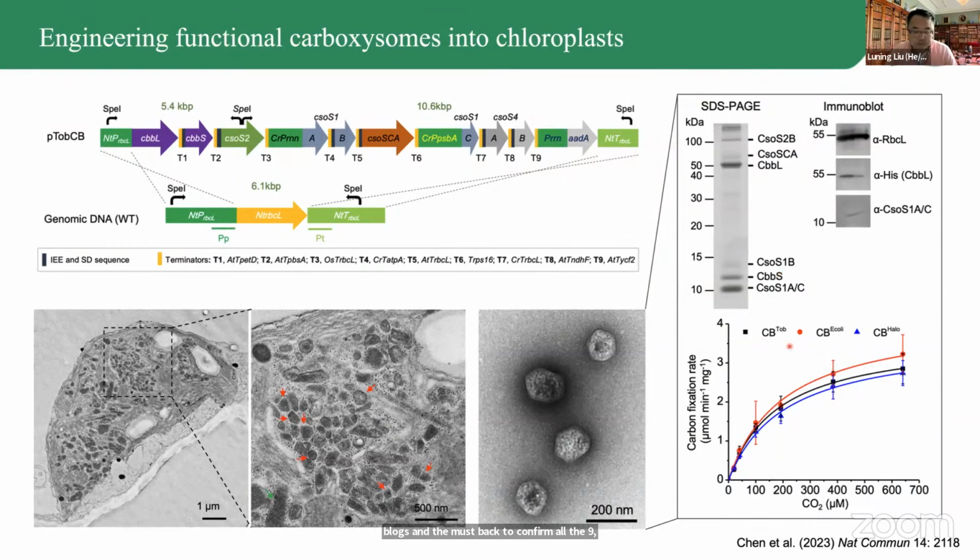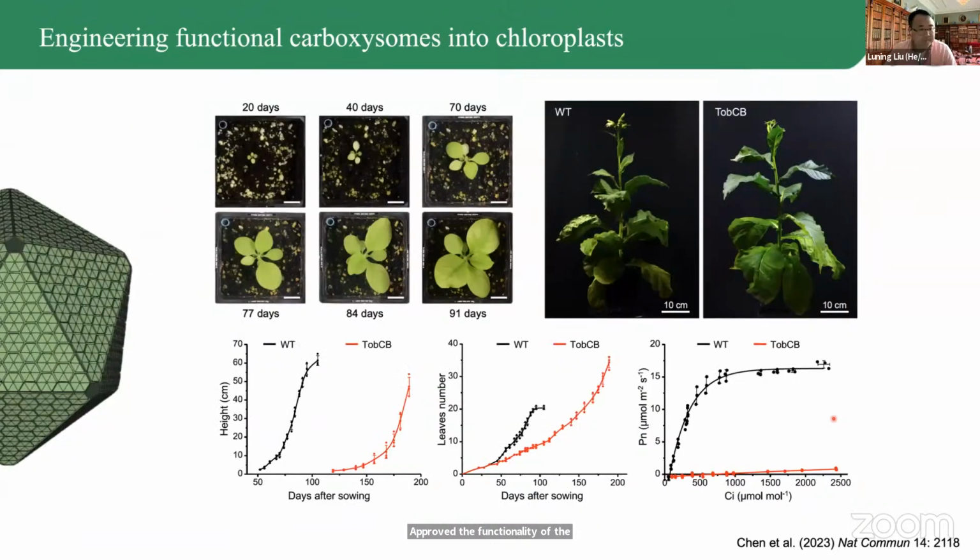We also proved the functionality of the expressed bacterial carboxysomes. The transgenic plant demonstrates continuous autotrophic growth and a full life cycle in air supplemented with 1% CO2, which is supported by the produced carboxysome, but still not in ambient air conditions.